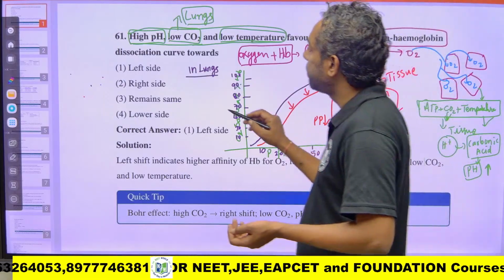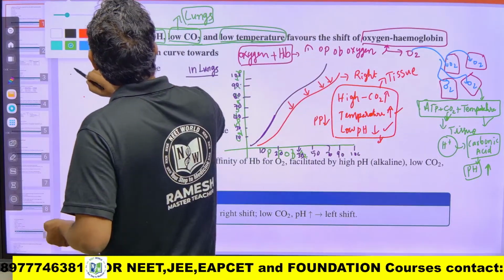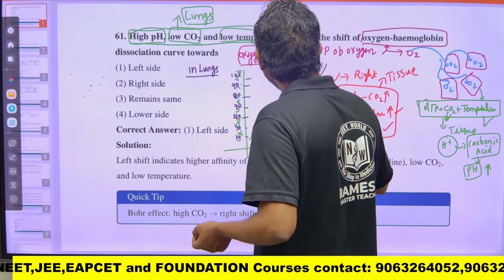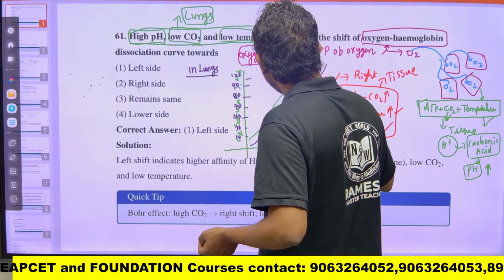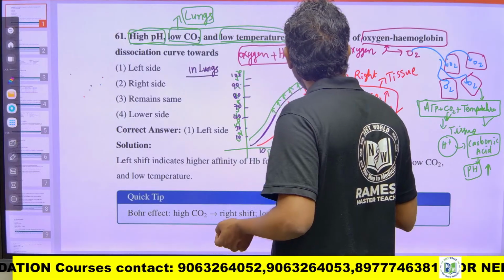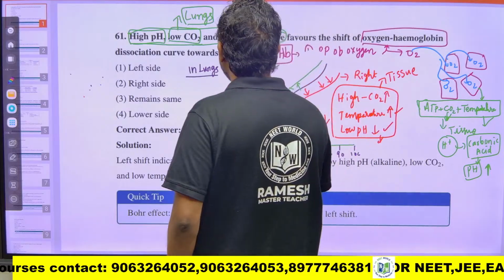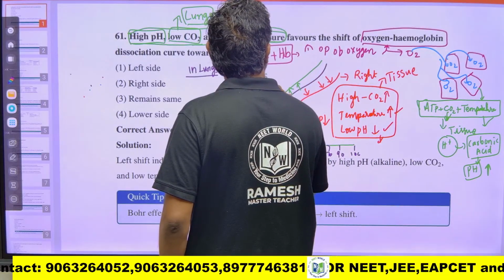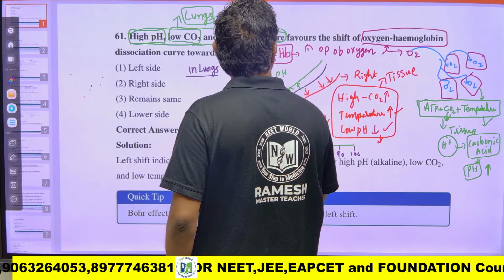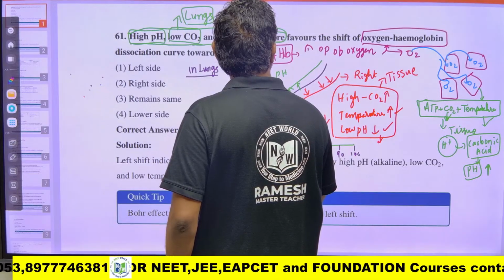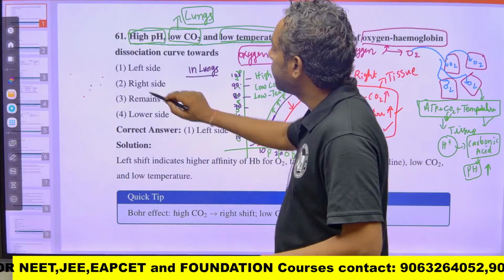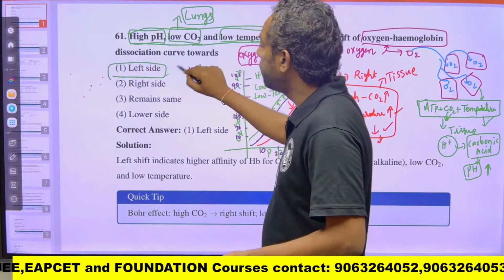If we come to the lungs, the shift goes leftward, guys, because there is high pH, low CO2, and low heat, low temperature, which leads to a left-side shift. The answer is 1.